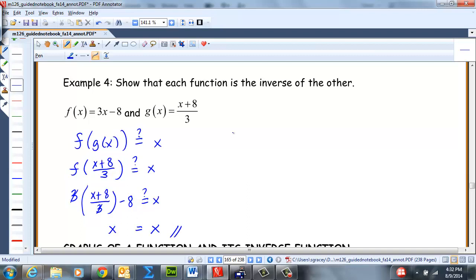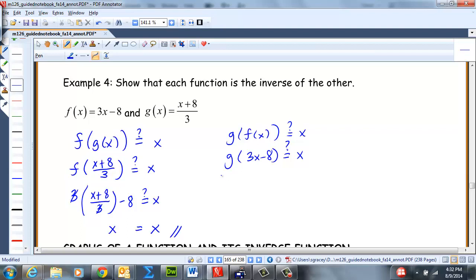Next up is g evaluated at f at x. Is that equal to x? Well, f at x is 3x minus 8, and we're going to replace the x in the function for g with 3x minus 8 and see if we get x.